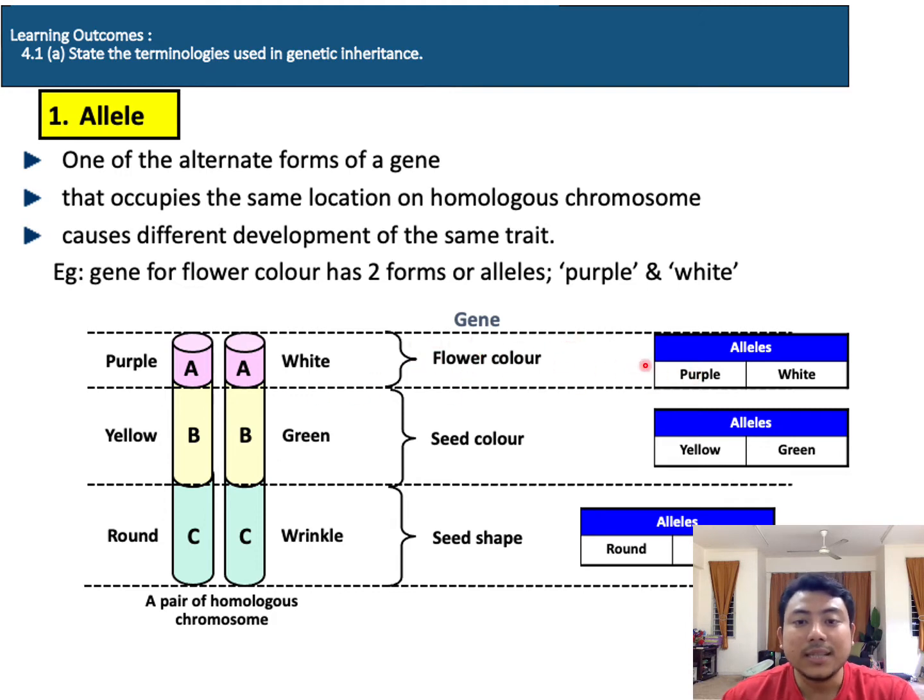The alternative alleles for flower color are purple and white. What is the allele for seed color? Yellow and green. What is the allele for seed shape? It is either round or wrinkled. So allele means alternative.